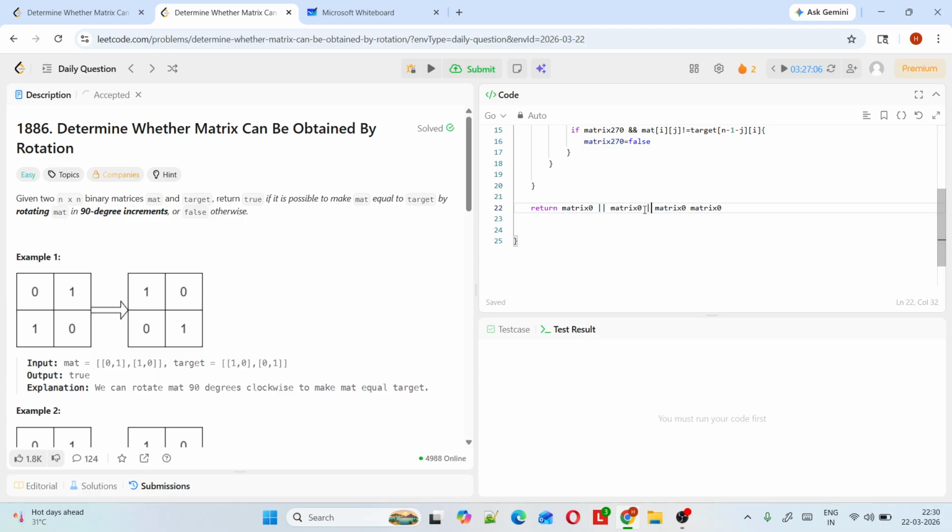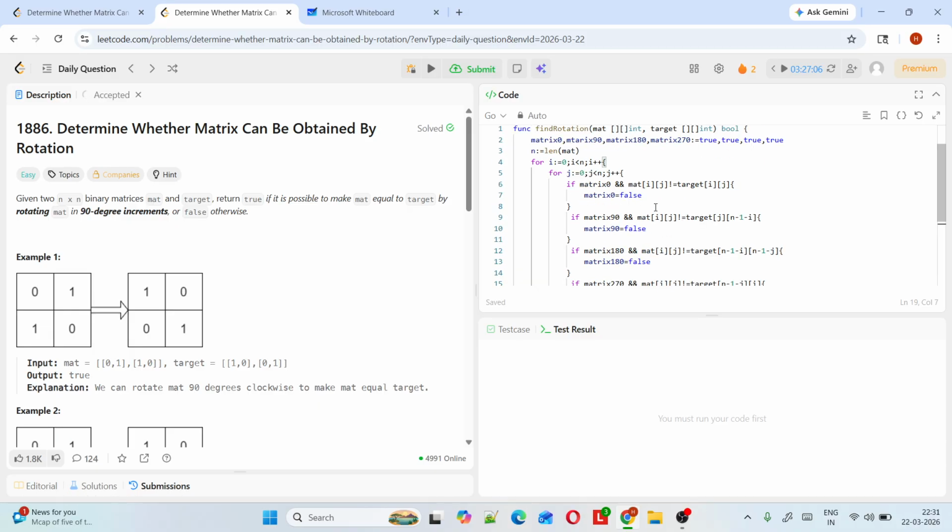Now here also an OR condition, but this will be 90, 180, and then 270. Because you are keeping these pointers to check whether the given target is equal to matrix 90 or not.